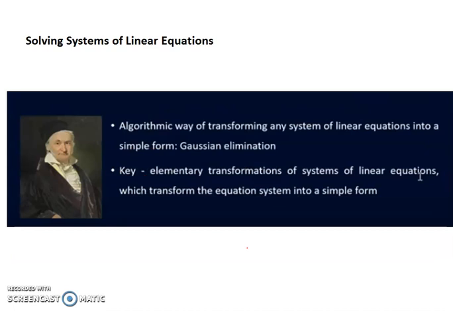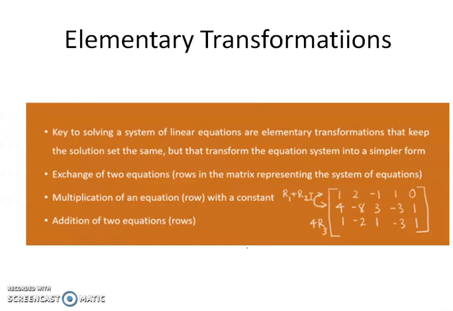The first step to be performed in the Gaussian elimination method is to transform the linear equations into a simple form. How can this transformation be done? It can be done by applying row operations on the matrices.